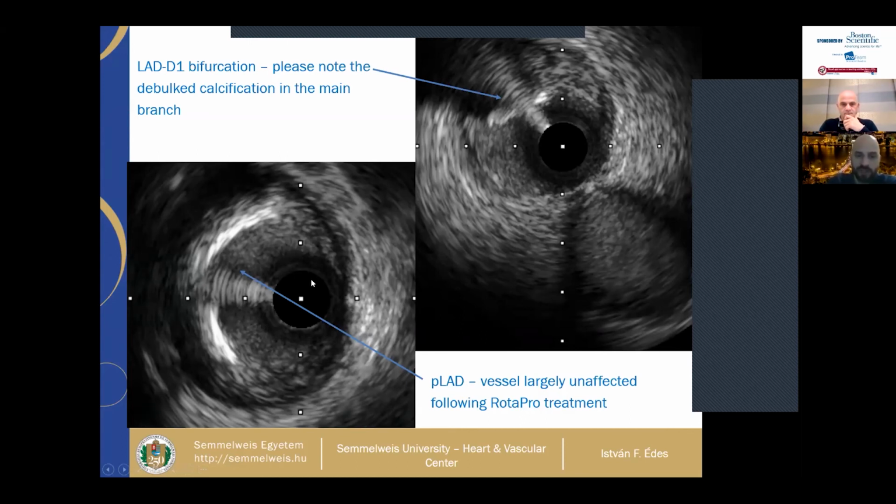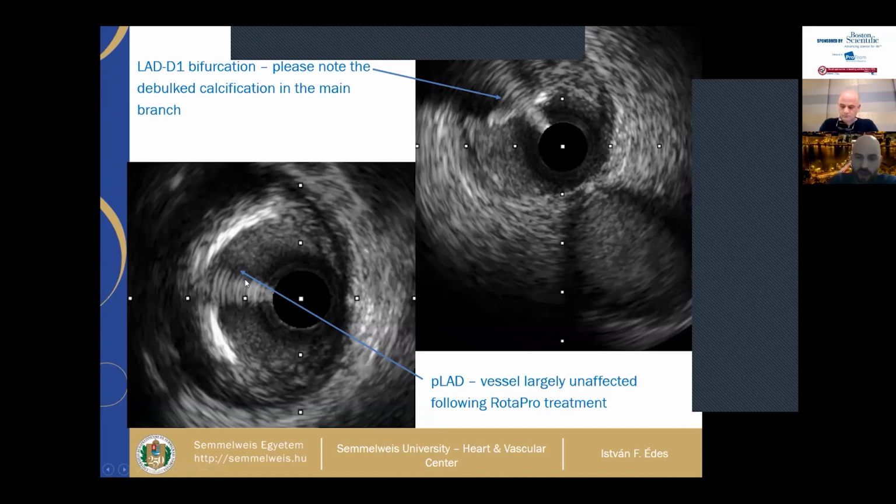But the larger vessel prior to that was unaffected by the rotational atherectomy because this was a 1.5 burr. As we've talked about prior, this burr probably only spun right here in the middle of the coronary artery and did not even touch this part of the artery, meaning that this part, the proximal LAD and D1, was modified enough for us to continue with ballooning, but this part was not.